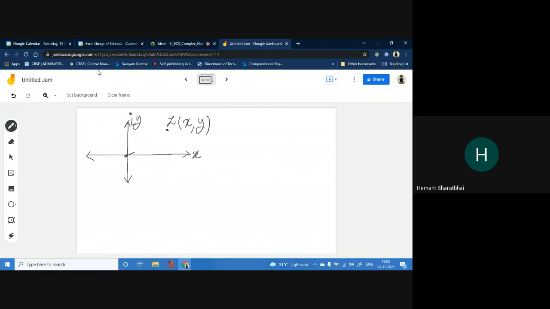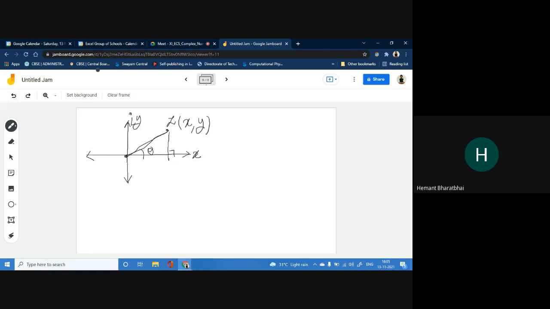So if I take this origin and connect this origin with z, I can do a construction and get a triangle. Let this angle be theta.